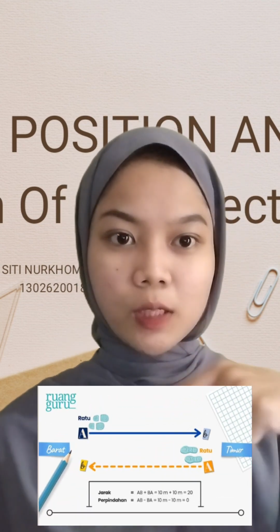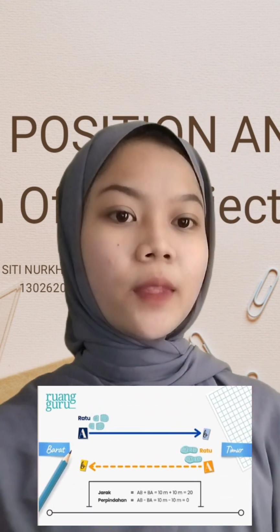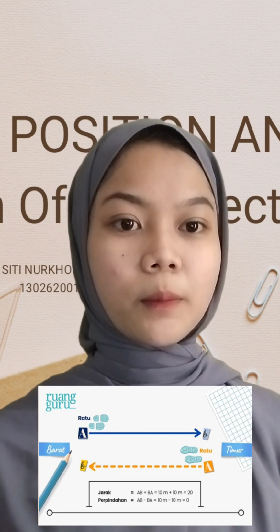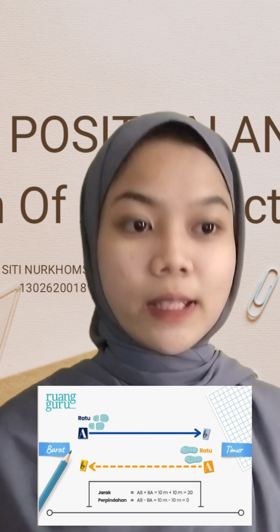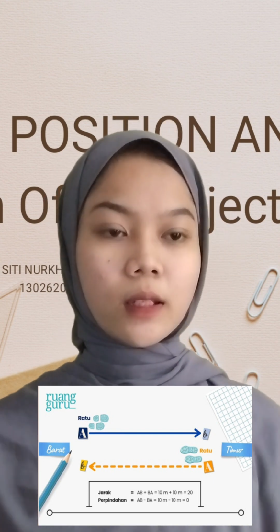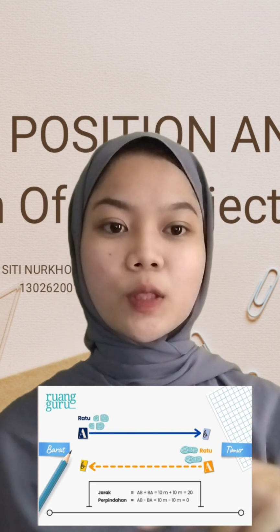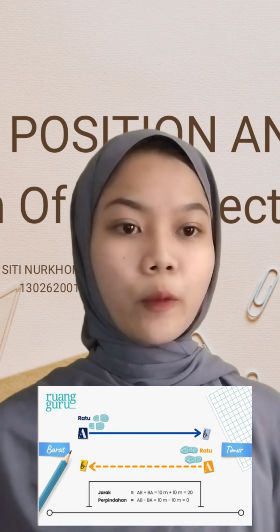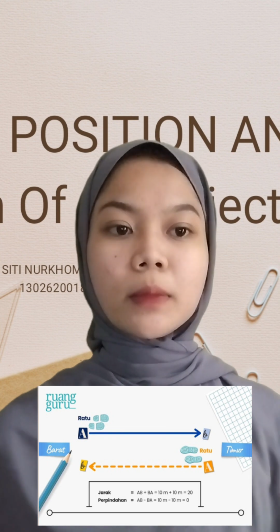Look at this image. Okay. So distance is the length of the path traveled by a moving object. In this image, we know that Ratu walks from west to east for 10 meters. We can see point A to point B. Okay.